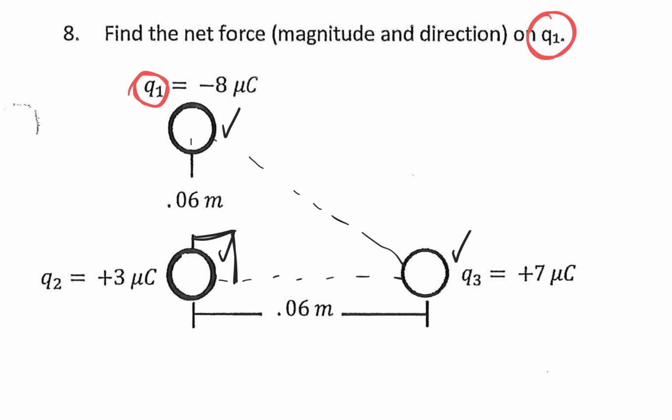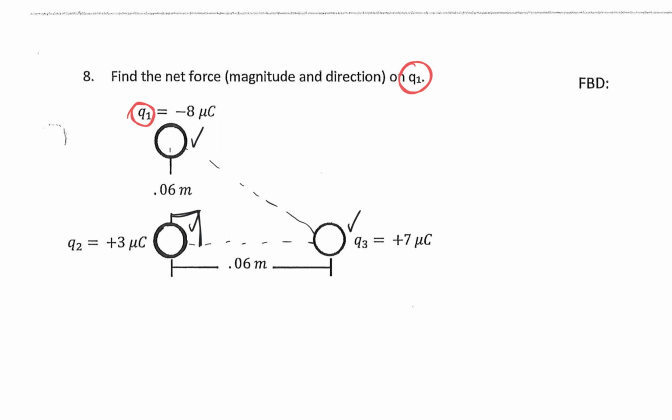And what does Q3 do to Q1? We know that they're both there, but you have to figure out the individual forces acting on Q1. So let's refocus, just like we did with forces in a straight line: we've got a positive 3 and we've got a negative 8. That's Q1 and Q2, and we know that those two are going to attract each other.